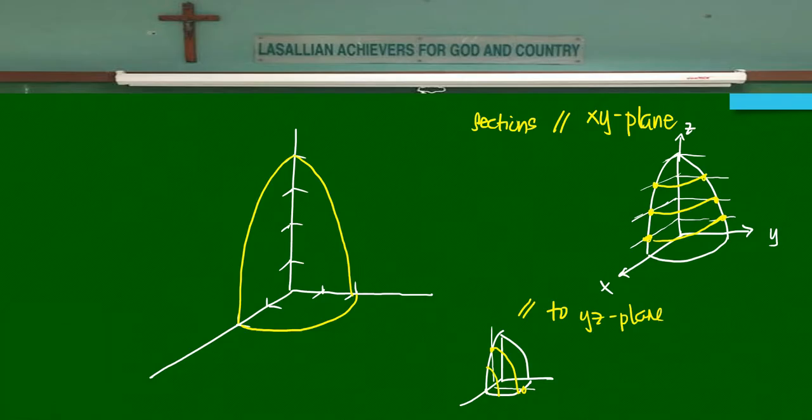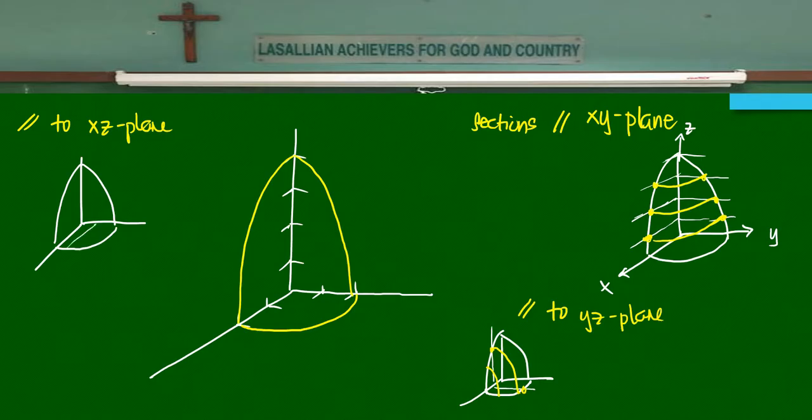And lastly, what about if I ask you to draw parallel to the xz plane? Drawing that, again, parabola, parabola, and circle. Parallel to the xz plane, so I can move along the y.